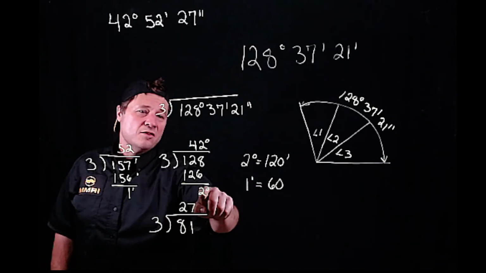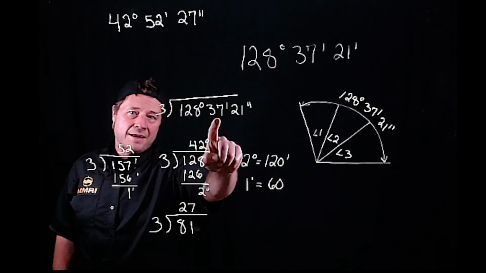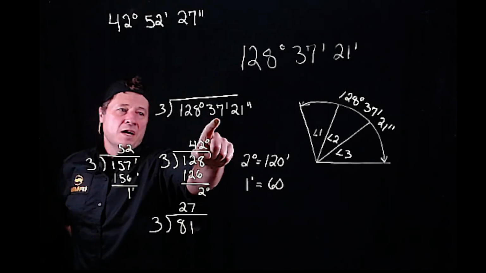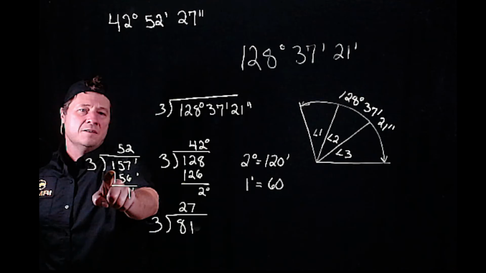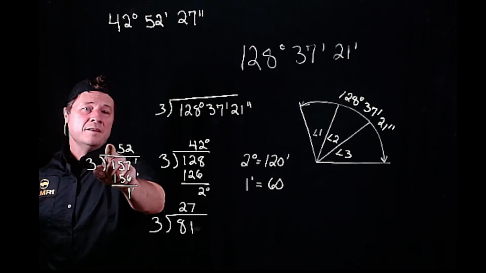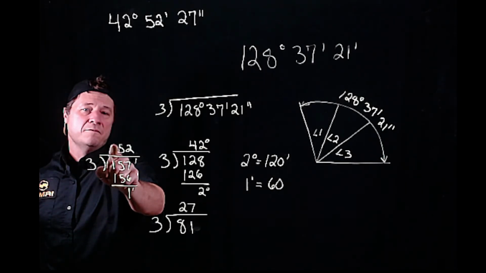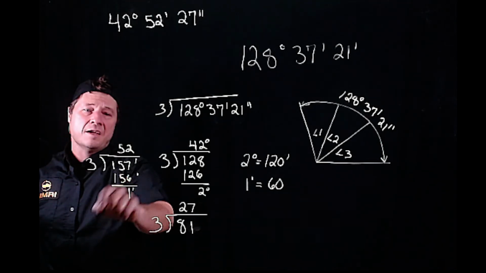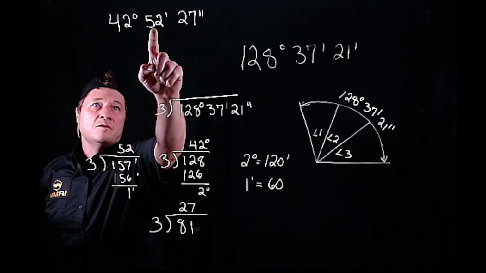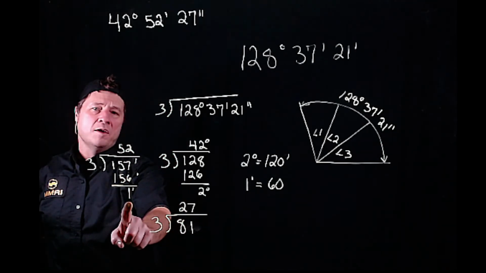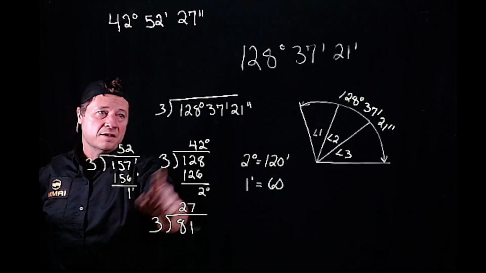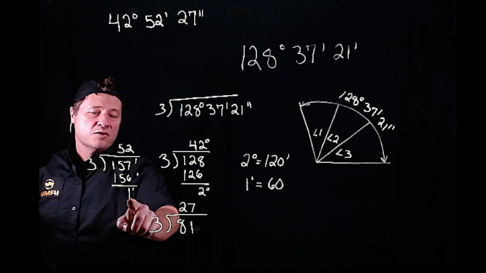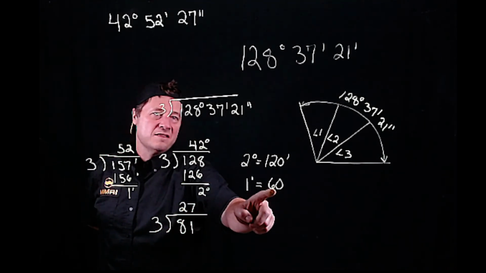So I take my remainder, turn it into minutes, and add it to my minutes. Now I have 120 plus 37, which gives me 157 minutes. Divided by 3 gives me 52. 52 times 3 is 156. So I write my 52 here, and I have a remainder of 1 minute. Now I convert my 1 minute into seconds, because I still have to solve my seconds. 1 minute equals 60 seconds.